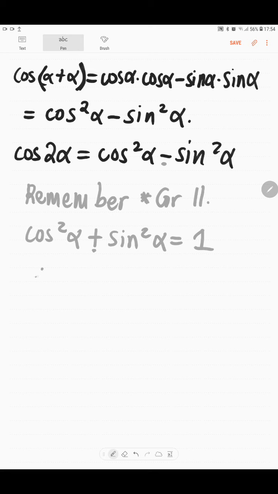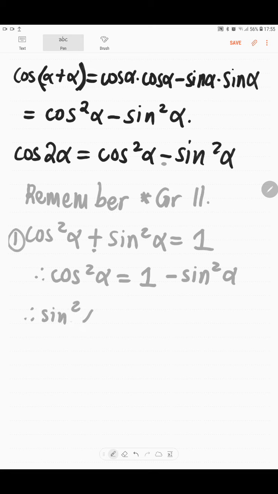We can now say, in this case, cos squared alpha is equal to 1 minus sin squared alpha. So if you're looking at this, we actually transpose this sin squared alpha to the other side. And as well, if we take this equation here that I indicated by 1 and make sin squared alpha the subject of the formula, we will have 1 minus cos squared alpha.